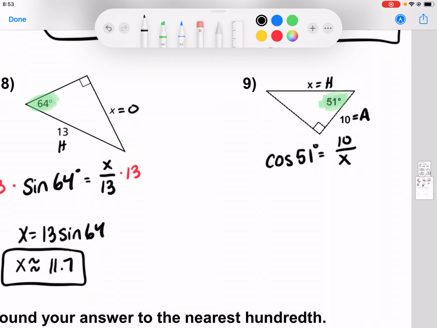We're going to end up swapping, since the x is on the bottom. This is the example where you swap the two. And then you type it in. So 10 divided by cosine of 51 is about 15.9.